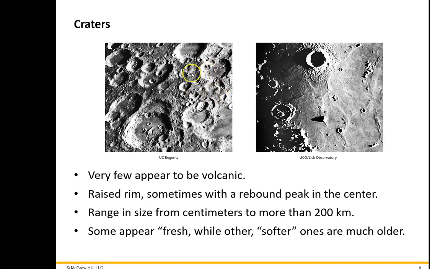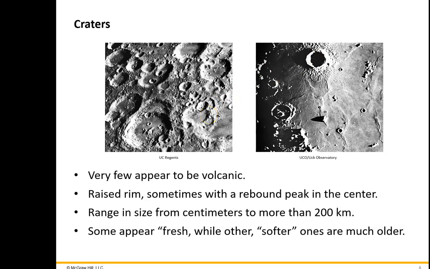So when there's been enough time for tiny little micrometeorites to hit the moon, the older craters will look softer, as opposed to the ones that look relatively new.